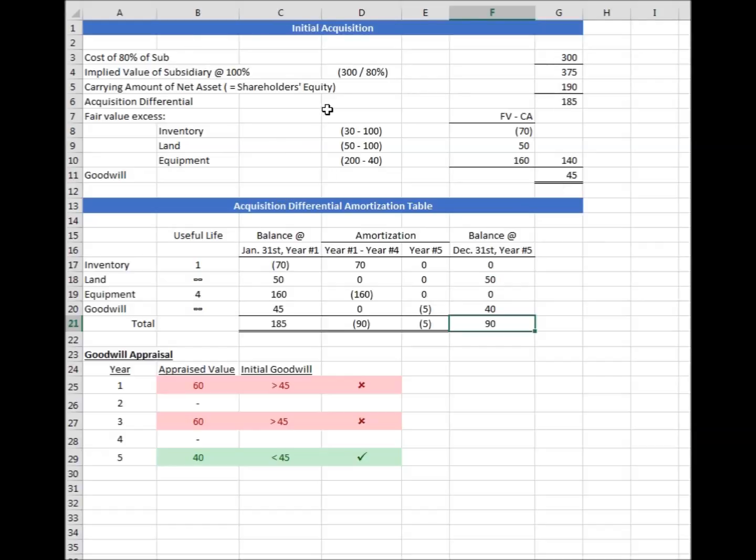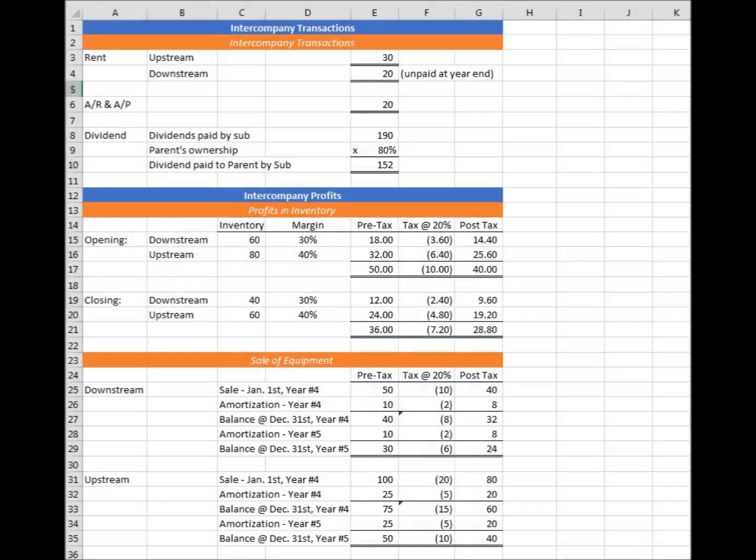And now we're going to move on to our supporting calculations. So for our supporting calculations, we're going to start off with intercompany transactions. And we're going to start off with rent here. So upstream and downstream rent. Upstream simply meaning that the sub is providing rent to the parent, and downstream meaning that the parent is providing rent to the sub.